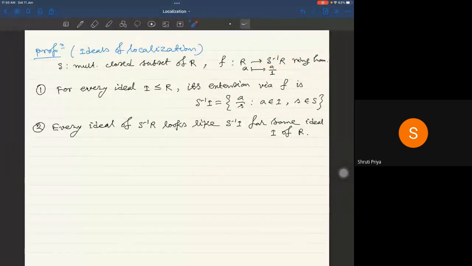It looks like S inverse I for some ideal of R. So what is S inverse I? It is just this one. The numerator is coming from I, and the denominator, of course, is coming from S.